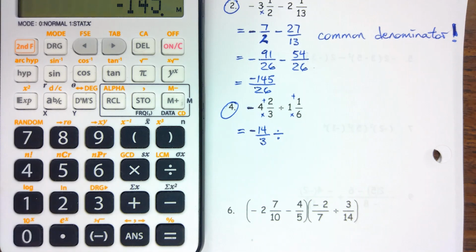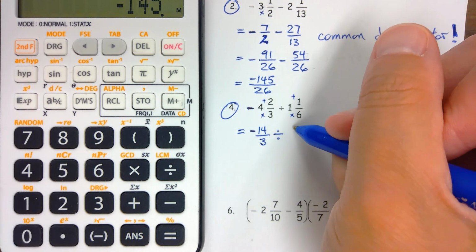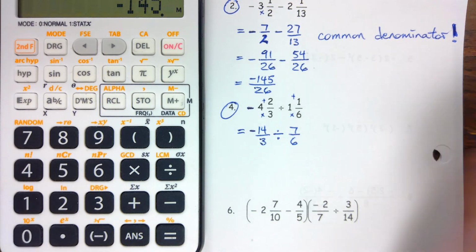Multiply and add. So what's my fraction here? Michelle? Over. Perfect. Okay. Do I need the lowest common denominator here? No. You're multiplying. Because I'm multiplying and dividing, right?